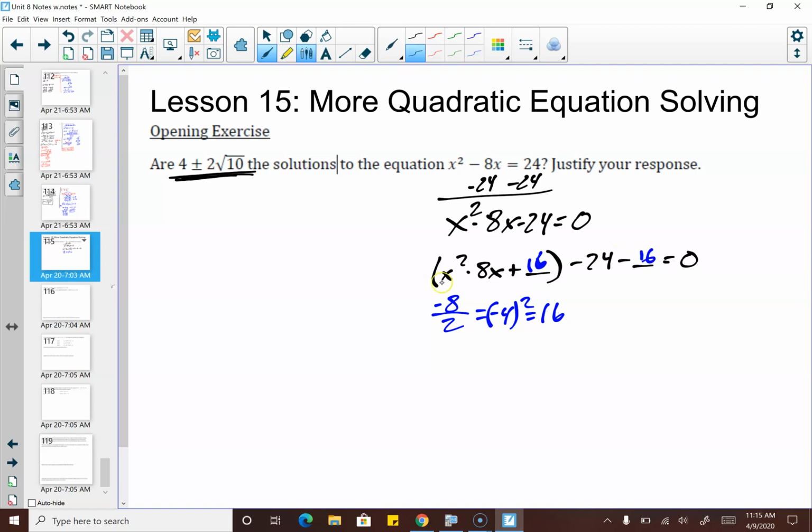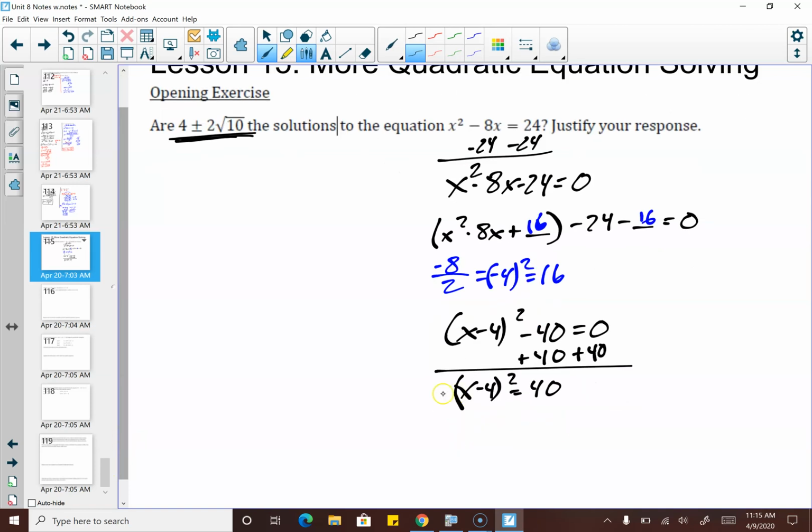We know that this factors to x minus 4 squared. And then negative 24 minus 16 gives us negative 40. So we will add the 40 to both sides. x minus 4 squared equals 40. Square root. 40 is not perfect, but 40 does split.